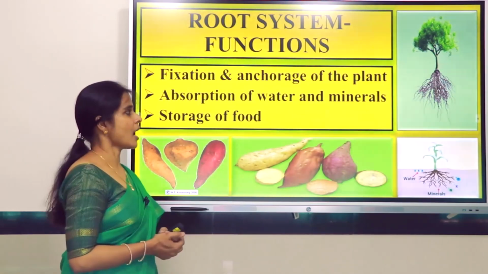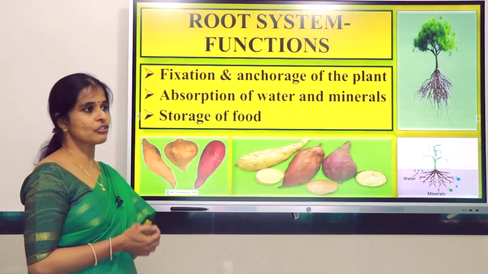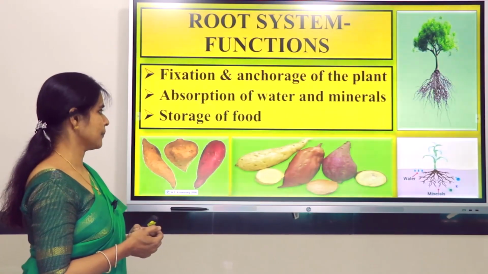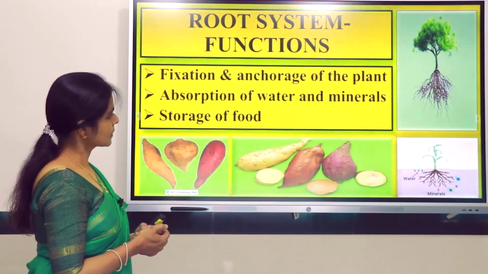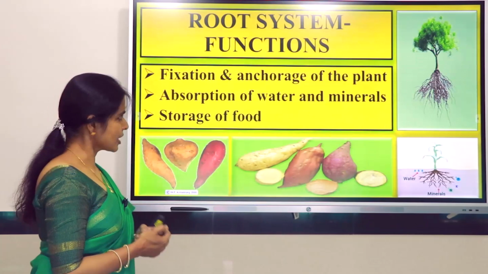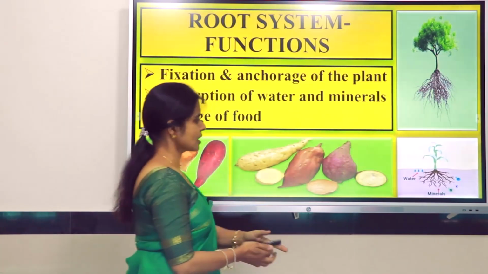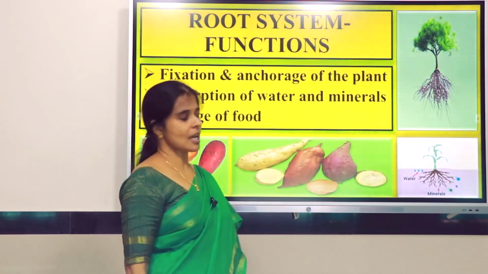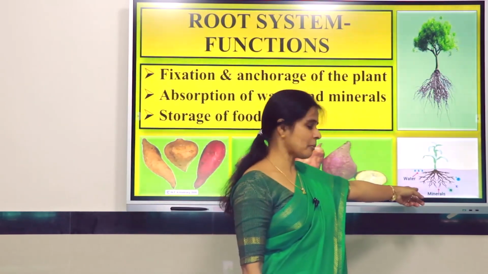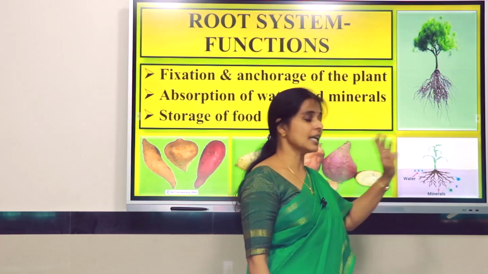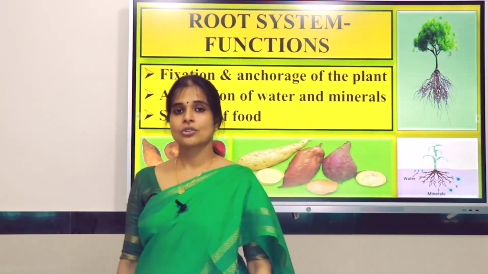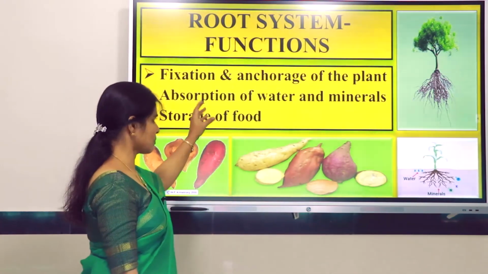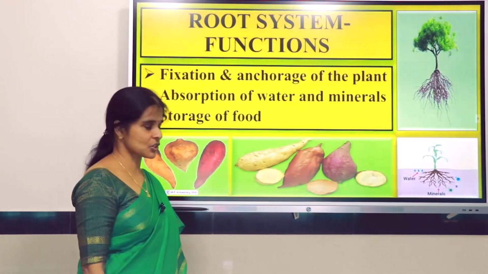The roots help the plant to fix properly in the soil. Next, when it is fixed, it grows deeper and deeper, and then it is absorbing water and minerals from the soil. So the second function of the root is absorption of water and minerals.